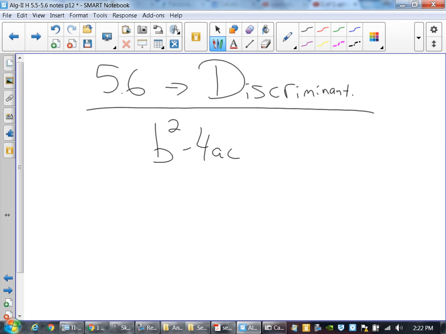So if you have a b squared minus 4ac that is greater than 0, or positive, that means you'll be able to take the square root of it, because you don't have to worry about imaginary, and you will get 2 real solutions.